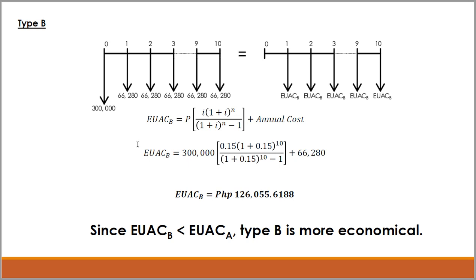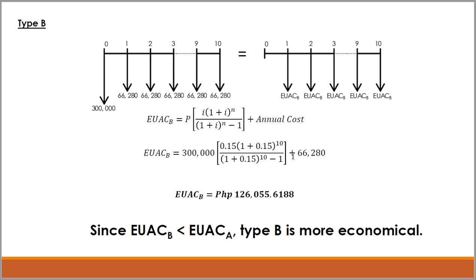So the same procedure, we're going to convert 300,000, our first cost, into an equivalent annual cost. Then we just add our annual cost here. So we convert our principal, or the initial cost, first cost, into an equivalent annuity.